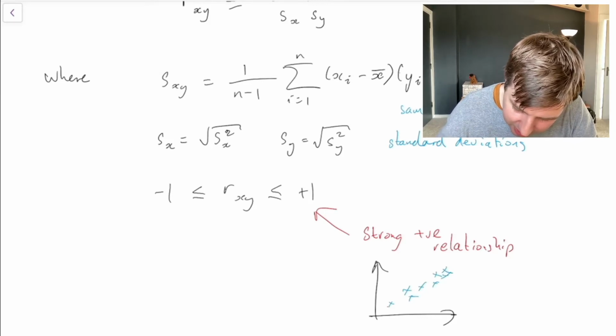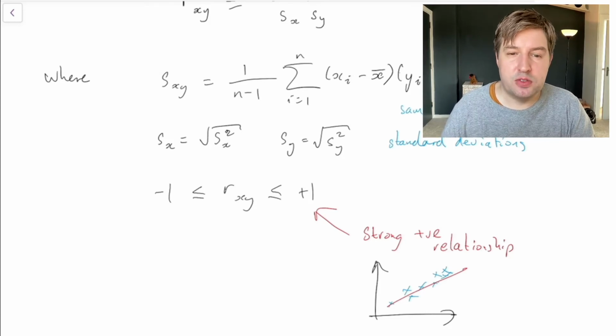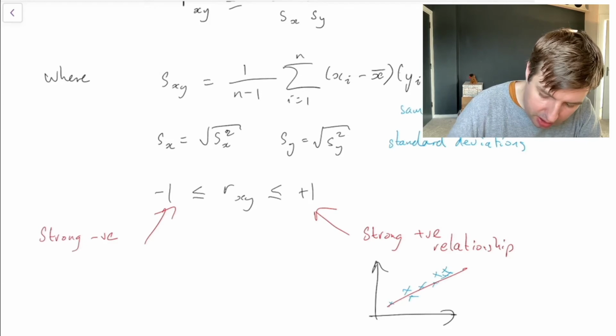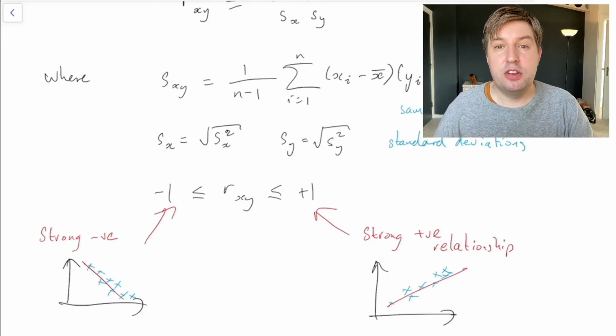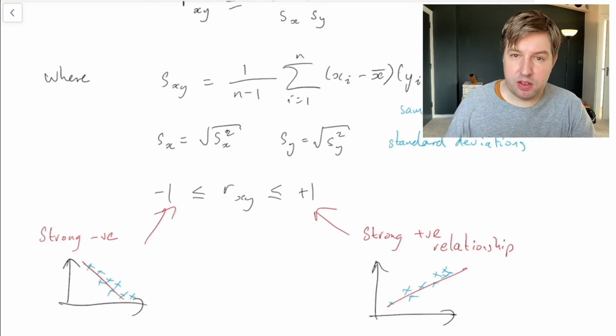So high values of x are associated with high values of y if the correlation is very close to +1. Similarly, if you get a correlation very close to -1, that tells you there's a strong negative relationship, as in your data points are quite close to a line with a negative gradient. So that says that big values of x are strongly associated with small values of y, whereas big values of y are associated with small values of x.